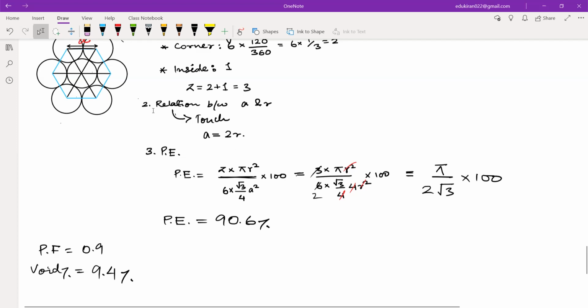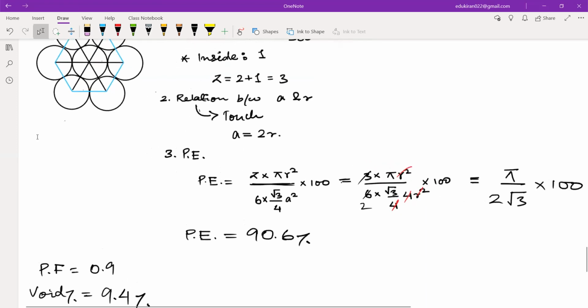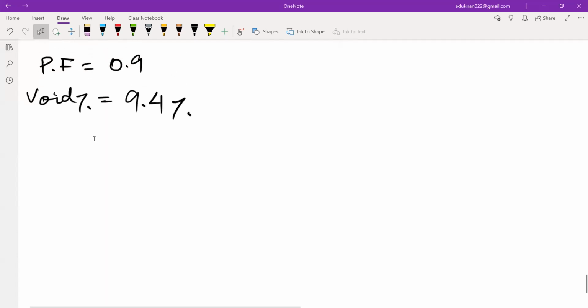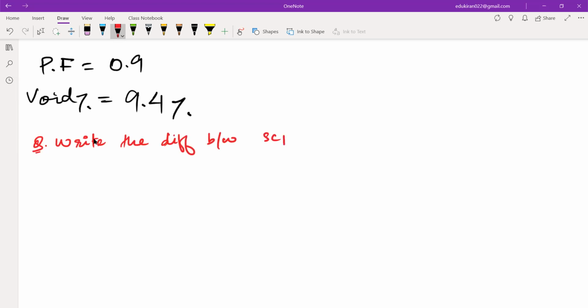Okay. So moving forward, let us suppose you got a question which is asking you to write the differences between square close packing in 2D and hexagonal close packing in 2D.